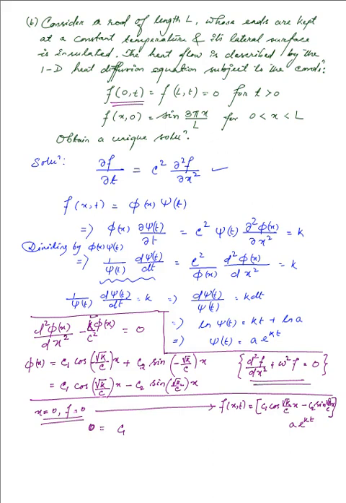The a e to the power kt remains as such, so we have a e to the power kt times c1. Well, a cannot be 0 over here because it has been chosen, so obviously the only thing that can be 0 is c1. So c1 from this value is obtained to be 0.